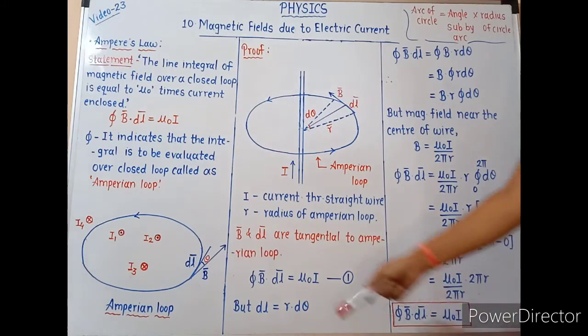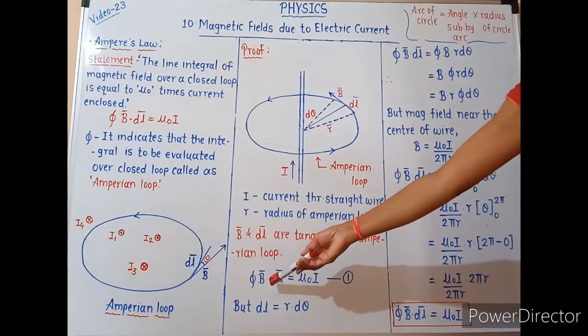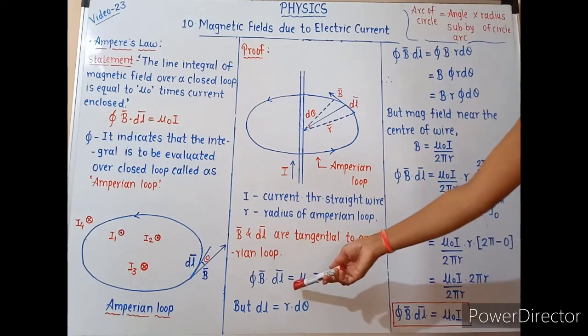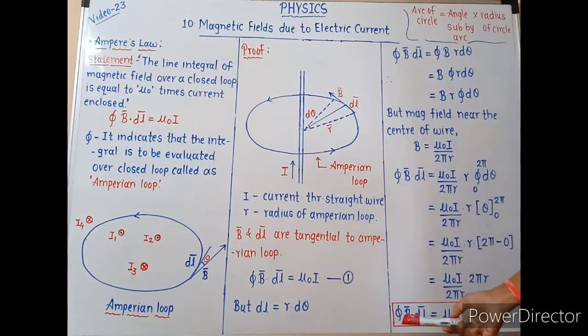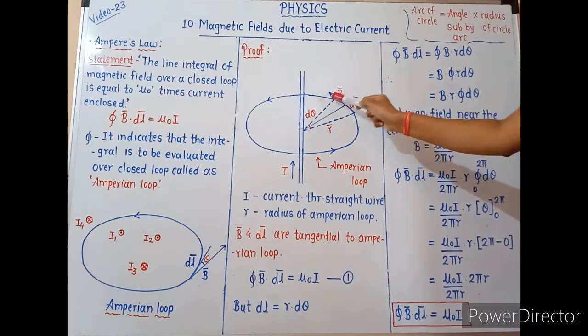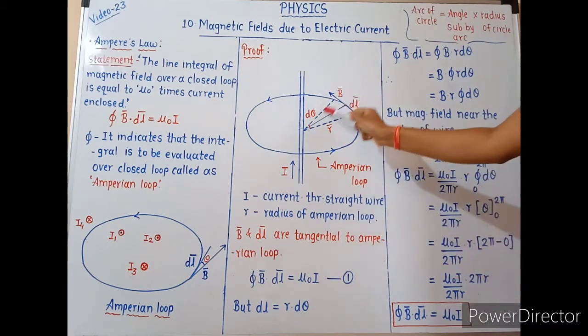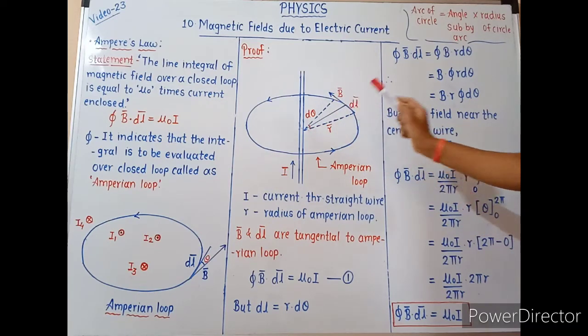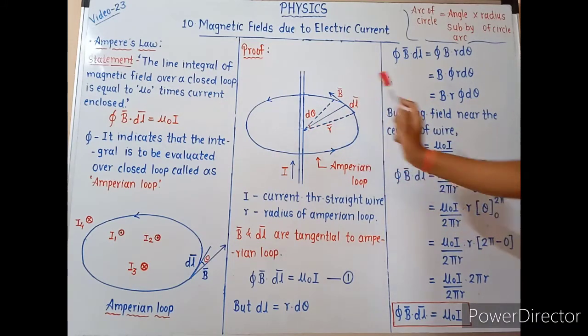Now Ampere's law is given by the integration over a closed loop of B bar dot dl bar is equal to mu 0 I. This is equation number 1. Now we know that the arc of a circle is equal to the angle subtended by the arc times the radius of the circle.